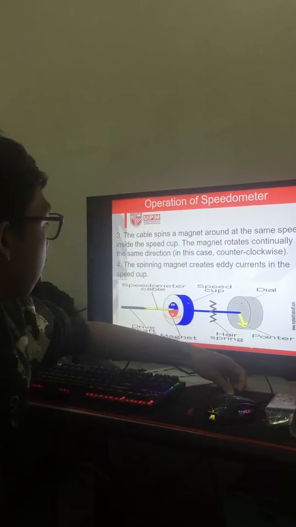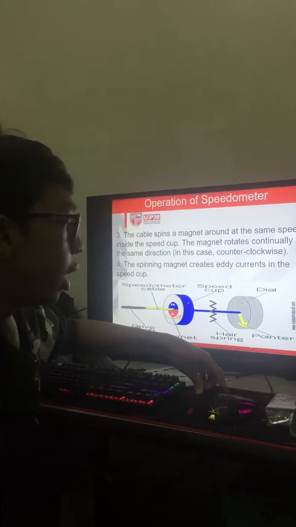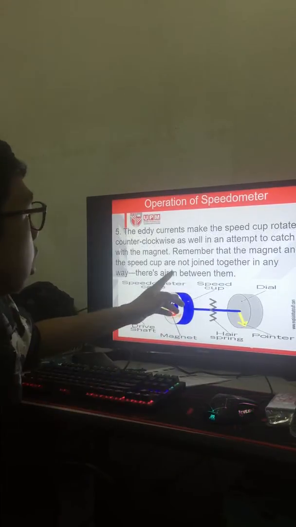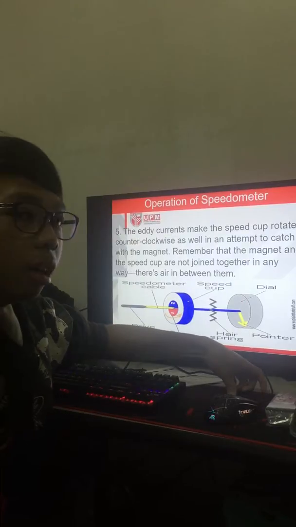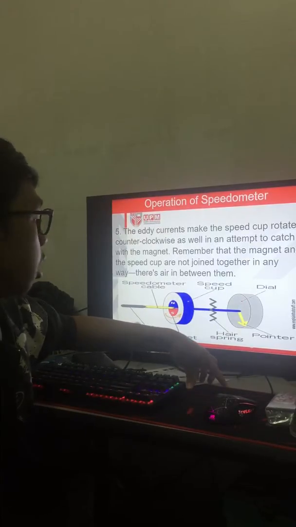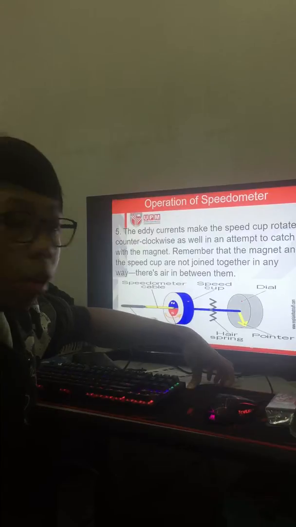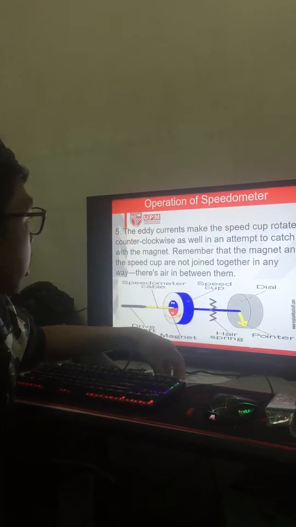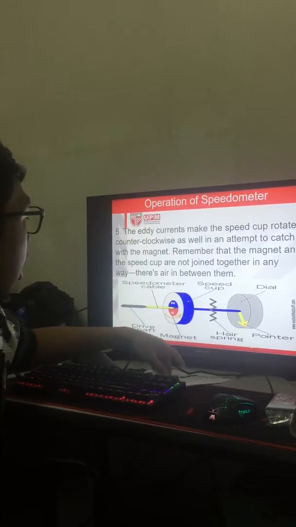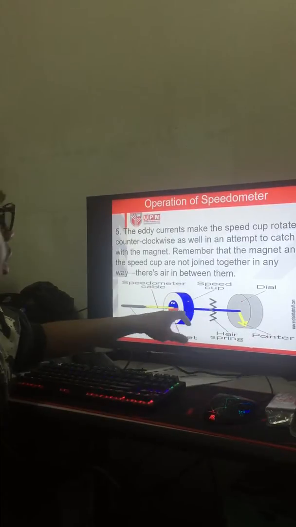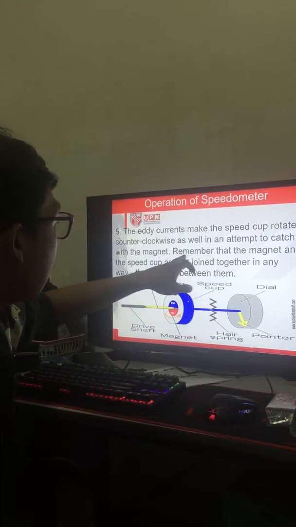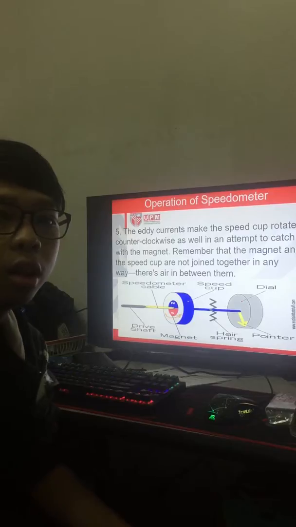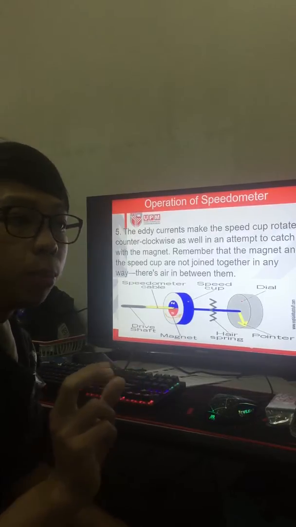The eddy current will make the speed cup rotate counterclockwise, in the same direction as the rotation of the magnet, in an attempt to catch up with the magnet. Remember that the speed cup is not joined together with the magnet, so there is an air gap between the speed cup and the magnet.